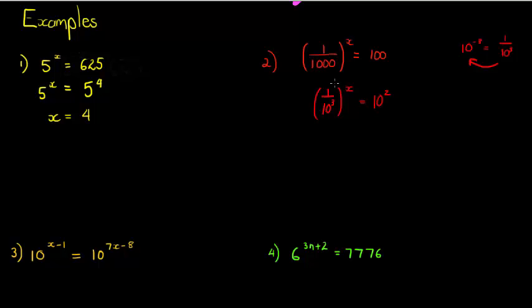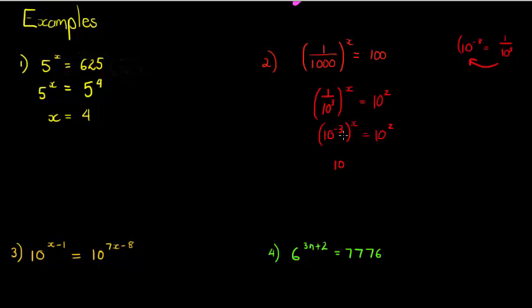So we're going to try and get this whole base to be simply 10, and we do that by saying it's 10 to the power of negative 3. Let me do that step: 10 to the power of negative 3, all to the power of x, is equal to 10 to the power of 2.